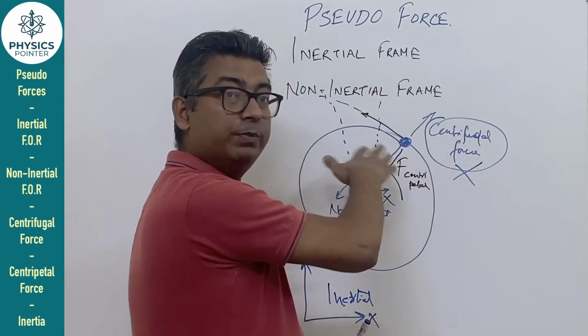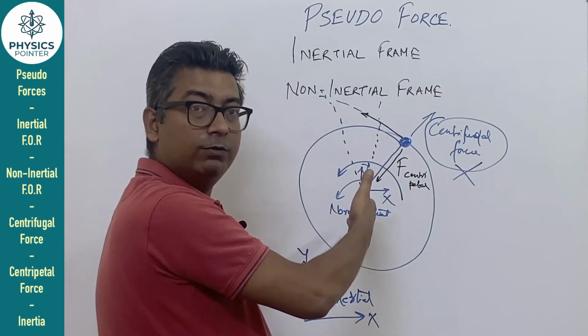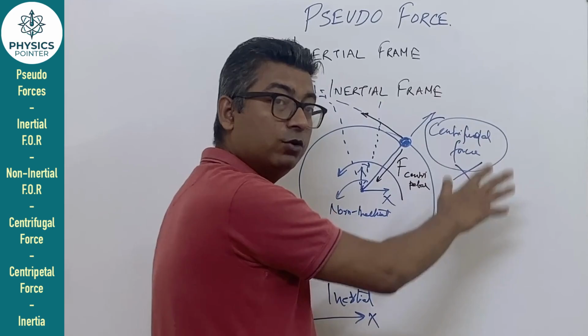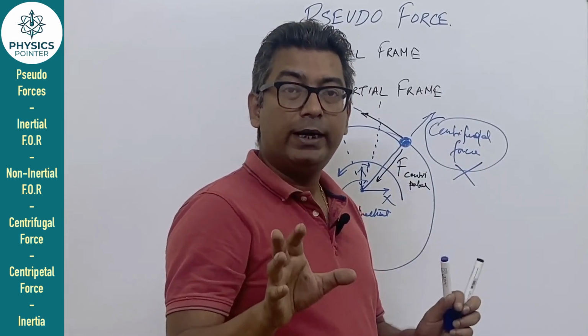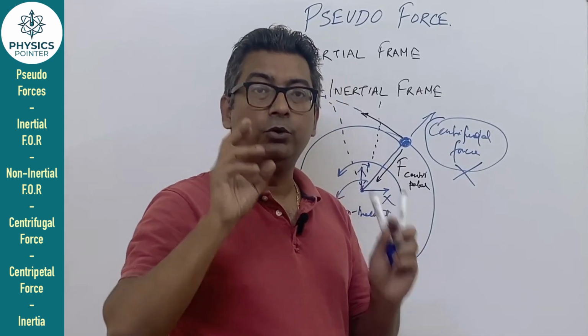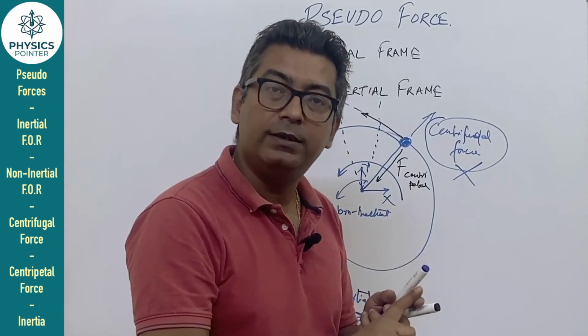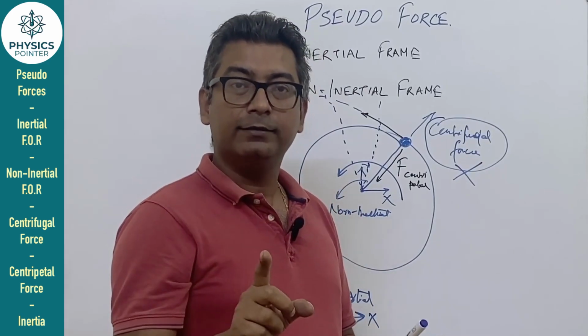If anything is missing, it will not rotate in a circle. Either it will fall down radially inwards or it will go tangentially. But centrifugal force is only for calculation. So a body rotates in a circular motion due to a couple of things. One is centripetal force and one is the inertia. It's not the centrifugal force. Is that clear? Thank you.